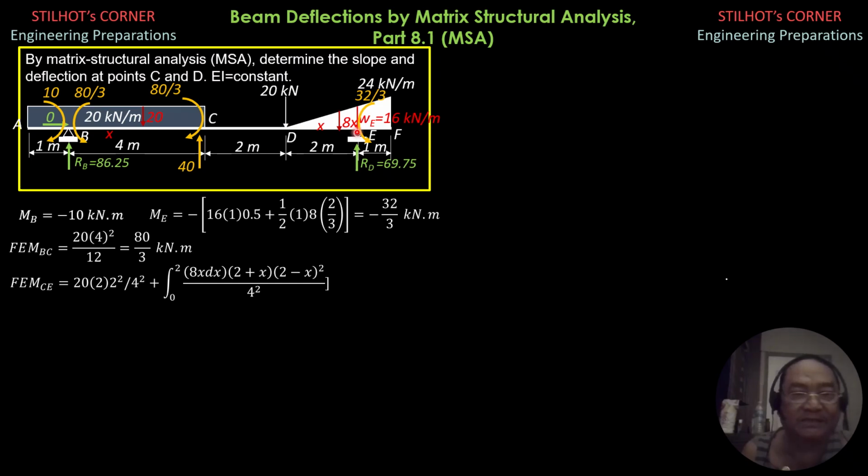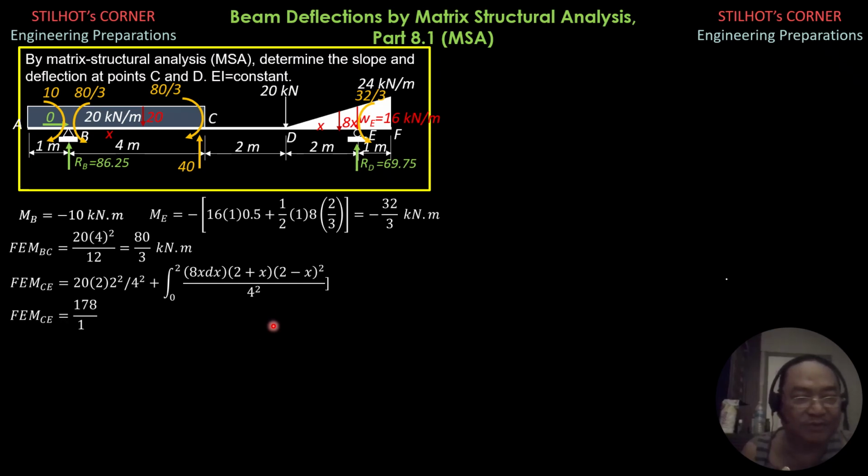Then for this triangular loading, integral of 8x dx for dP, the distance from left is 2 plus x, that's a, then b squared is 2 minus x squared, divided by L squared, 4 squared. So that's the fixed moment CE.